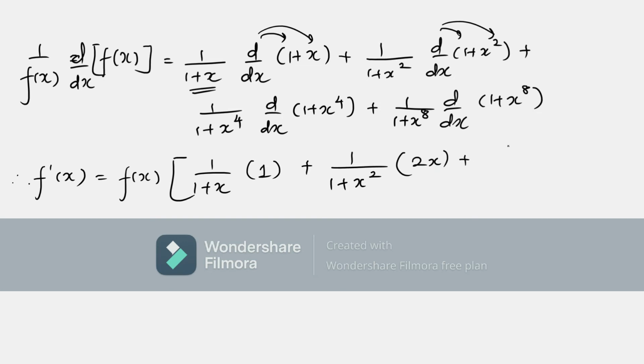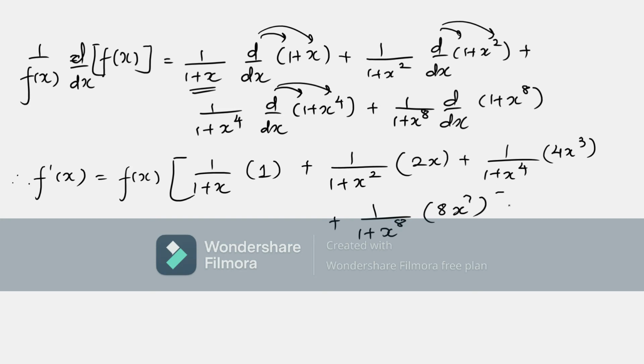So that needs to be, so as it is, and d by dx of 1 is 0, and d by dx of x to the power 4 is 4x cube, plus 1 by 1 plus x to the power 8 and 8x to the power 7, as per the rule. Simple rule we applied.